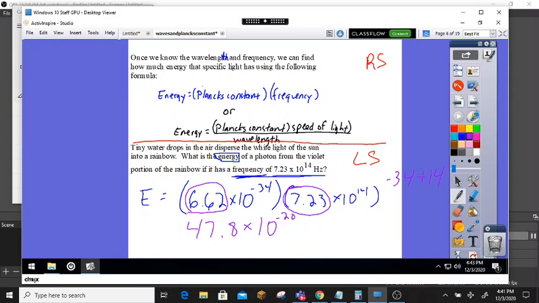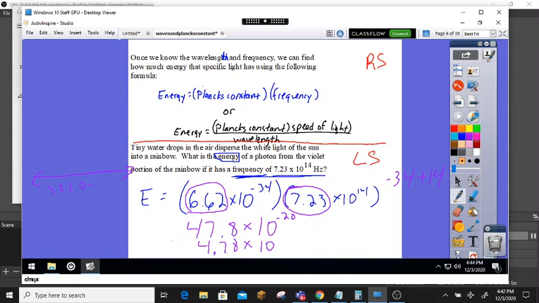Now, there's a problem here. The problem is the decimal is in the wrong spot. We have to have it in correct scientific notation, right? So here, let's do a quick little number line. 0, 1, 2, 3.